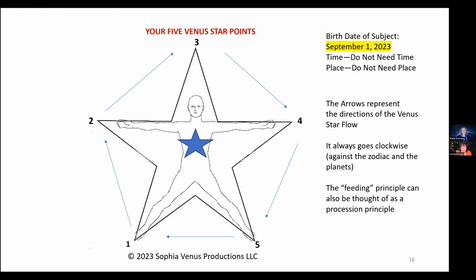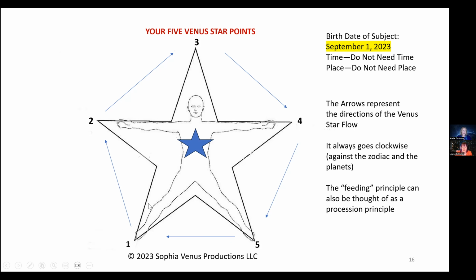And it's also important when we start looking at relationship patterns with people, because what happens then is that your partner will be on this arm or this leg, and you want to look at the flow. Say your partner is on spot number 1 and you're at number 3.